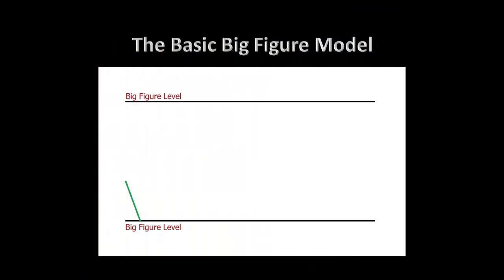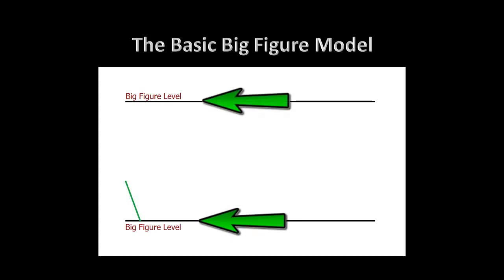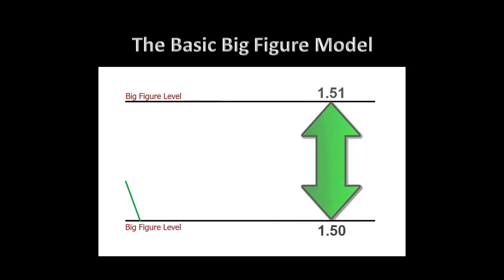So let's look at the basic big figure model. Here we have a support level, which is going to be represented by a big figure, and we have an upper level, which is representing another big figure level. This range from figure to figure could be as little as 100 pips. For instance, cable 1.50 to 1.51, a 100 pip handle.